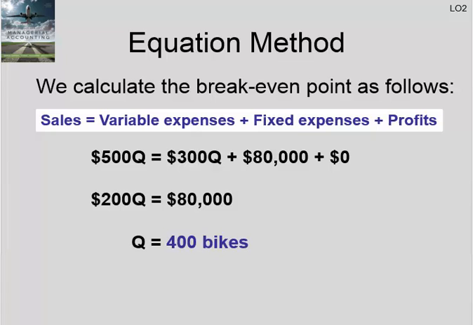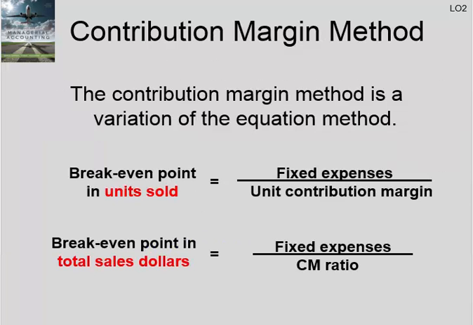But using cost volume profit and the contribution margin method, we can do this very quickly, as long as you remember the formula, by saying, look, it's fixed costs divided by the contribution margin per unit, okay?